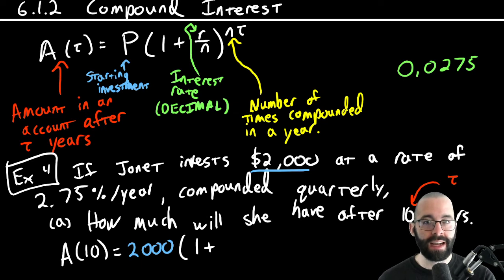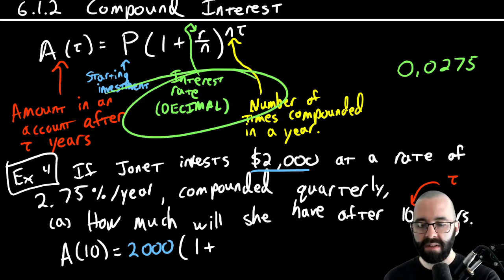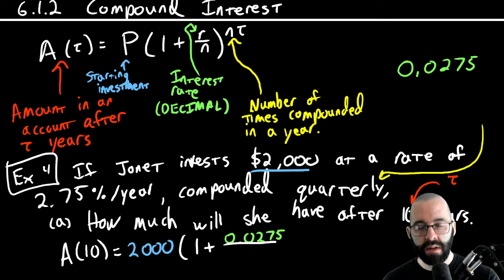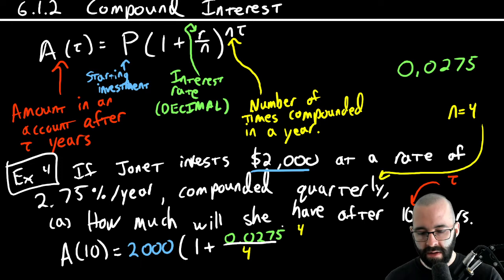Convert it to a decimal. So 0.0275 divided by n. N is the number of times it compounds in a year. It compounds quarterly, every quarter of a year, that means 4 times per year. All right, so this is our formula.